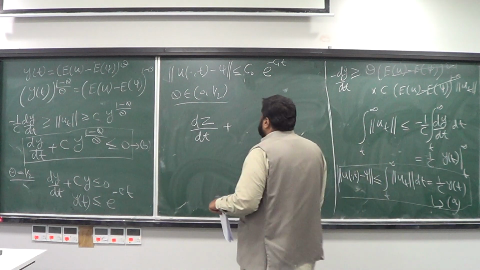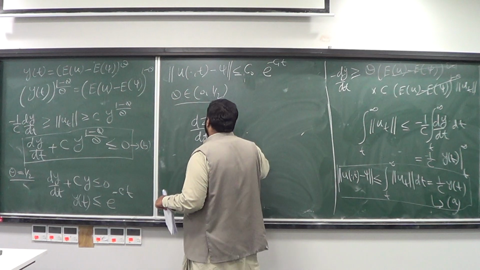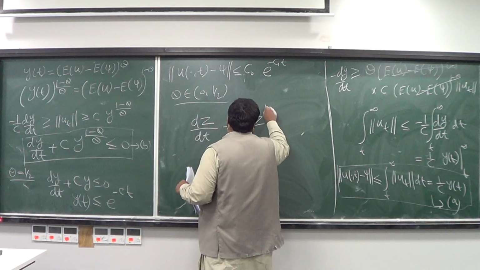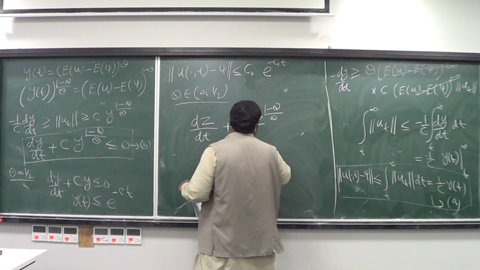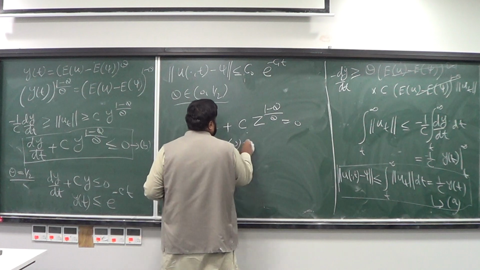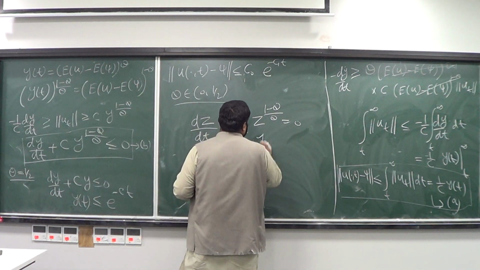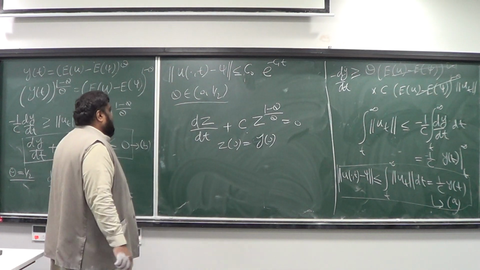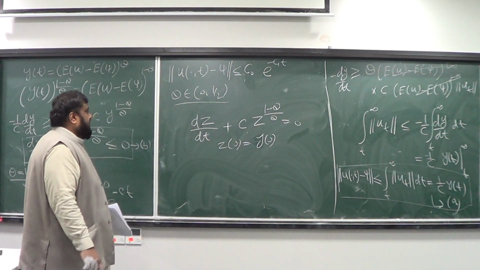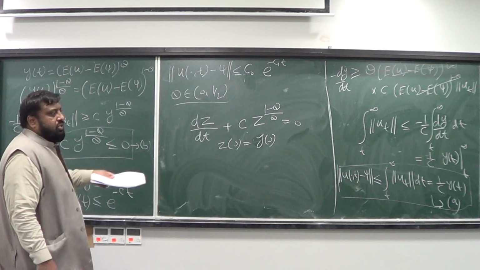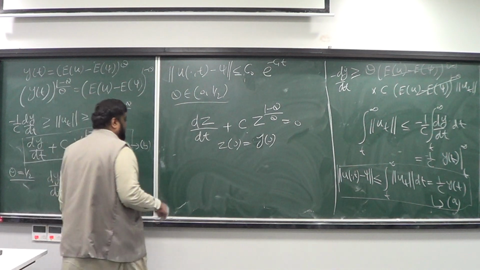So let's consider, for example, the differential equation dz/dt equal to c times 1 minus theta by theta equal to 0, and z of 0 is equal to c of y of 0. Then this is a simple linear equation type. You can do the integration factor, multiply both sides. You know how to solve differential equations.